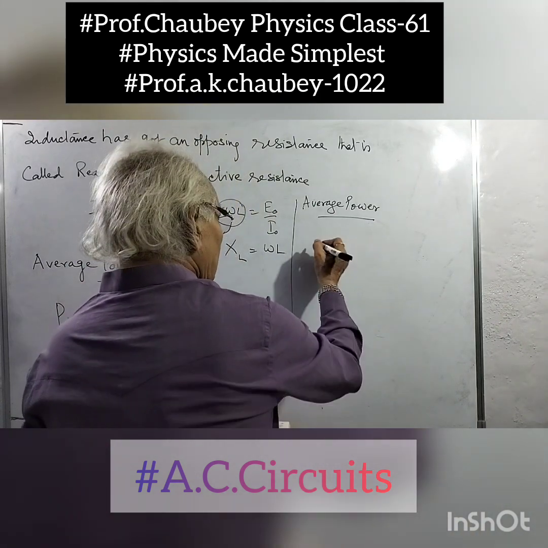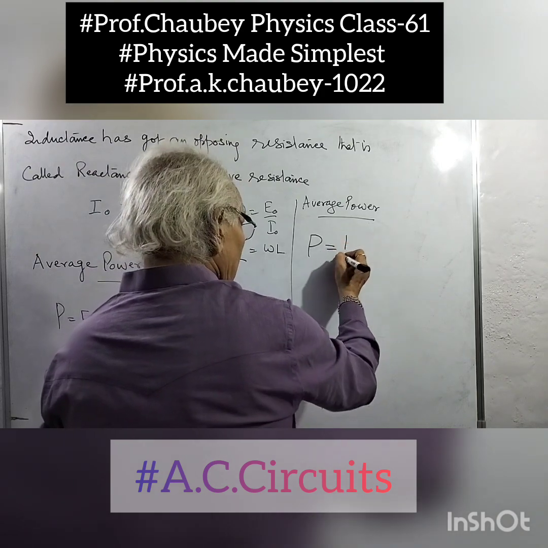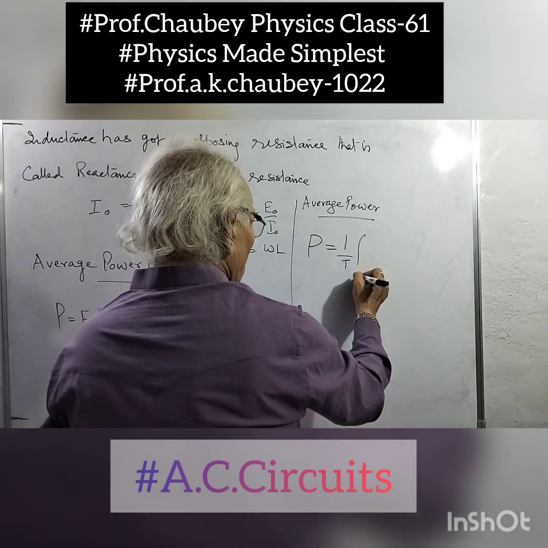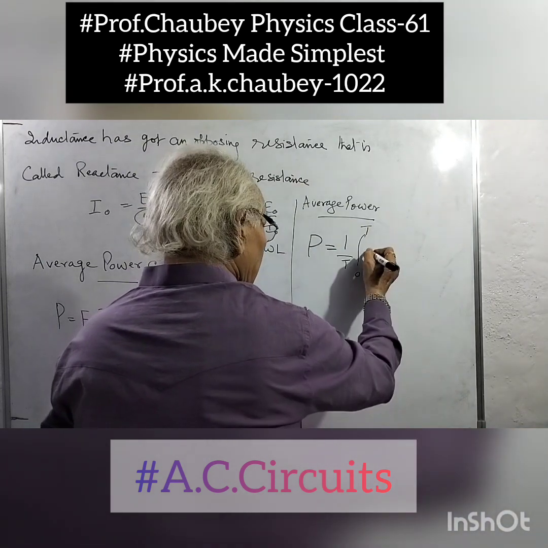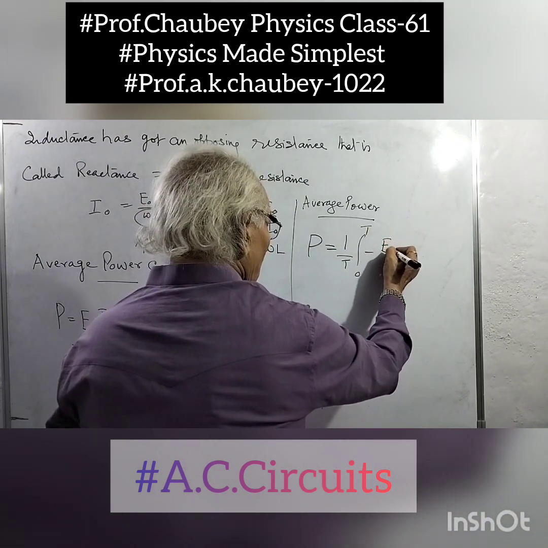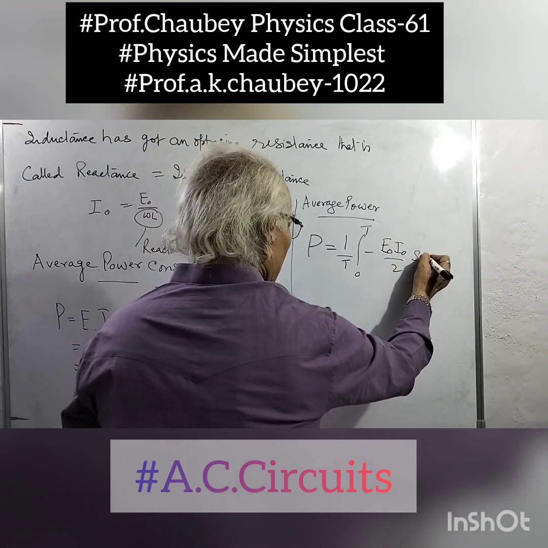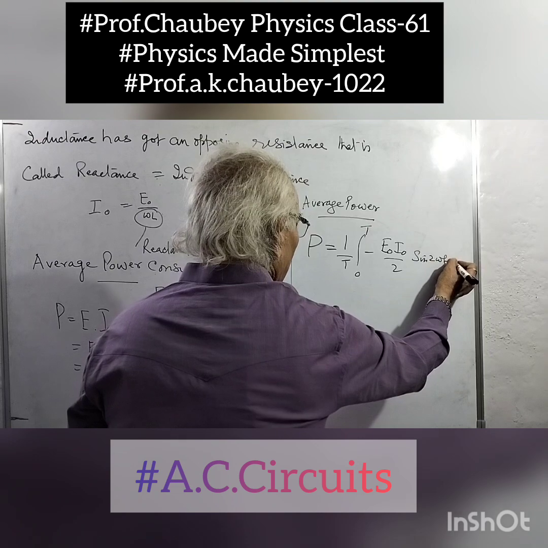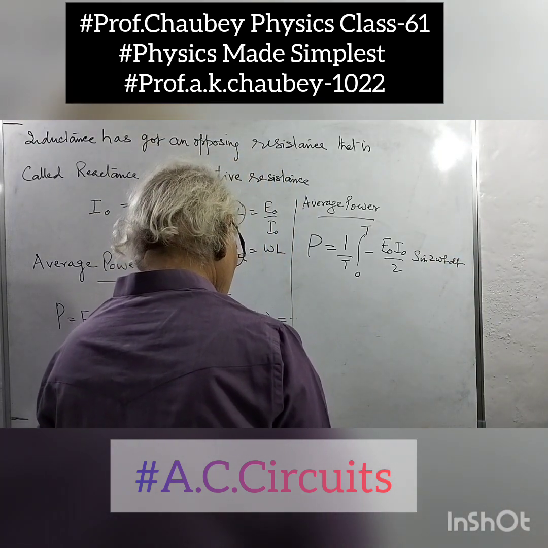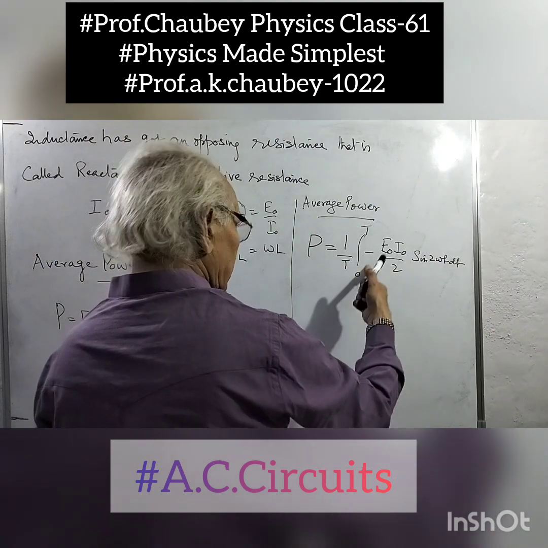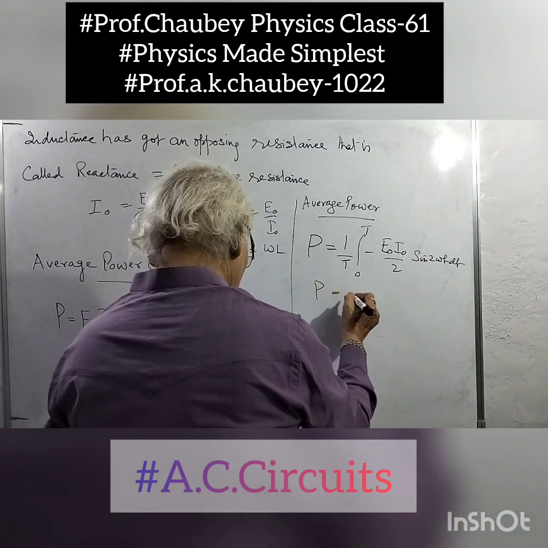So that is capital P, you can have 1 over T, integral 0 to T, of minus E naught I naught by 2 sin 2 omega t dt. Find out the integral of this, and see the limit. The average power P is equal to 0.